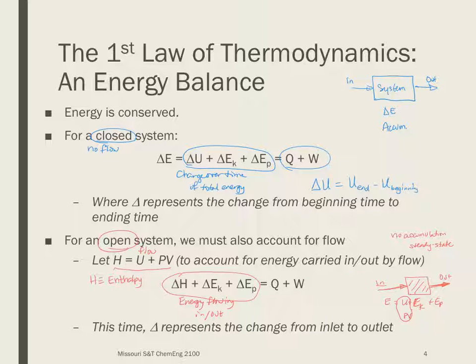This is steady state. In this case, that delta represents the change from the inlet to the outlet. On the other hand, I still have potential for energy to flow in and out to the surroundings through heat transfer and work.